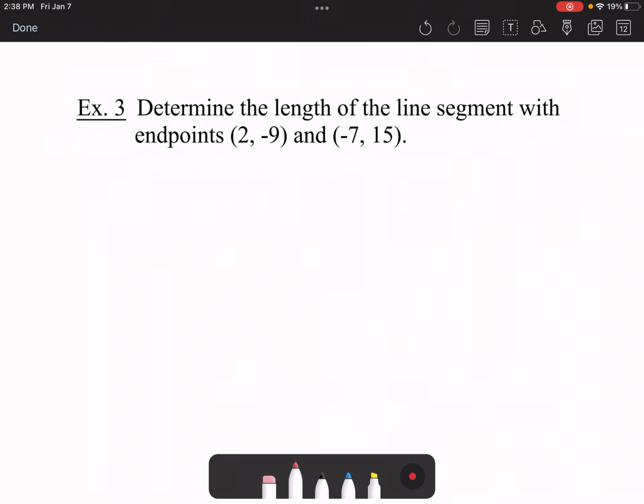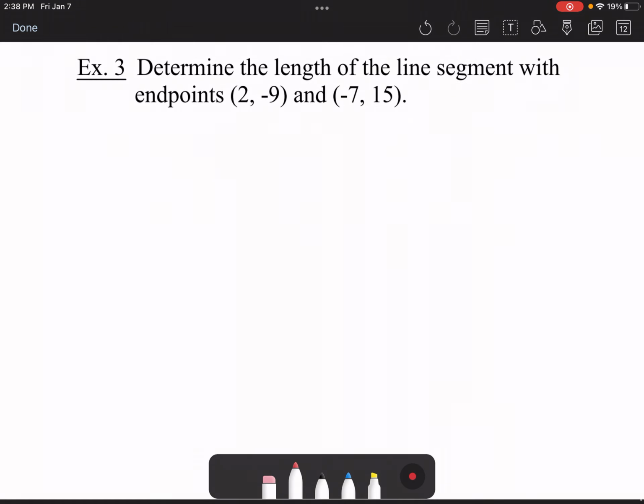Okay, so what we're going to do is find the length of the line segment with endpoints 2, negative 9, and negative 7, 15. I assign this one as x1, y1. I assign this one as x2, y2.